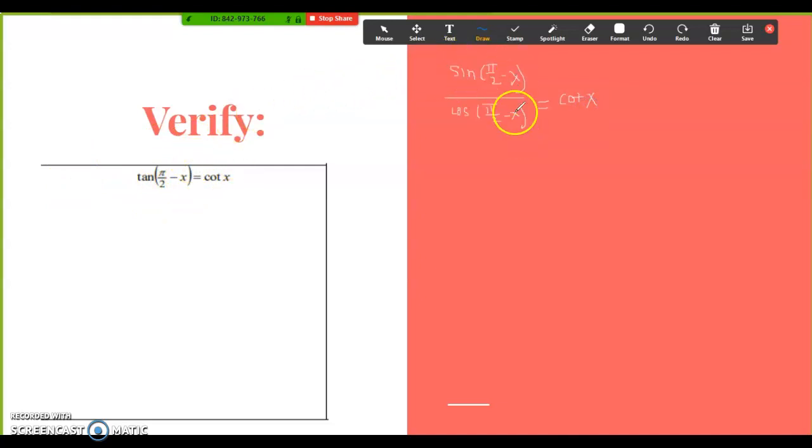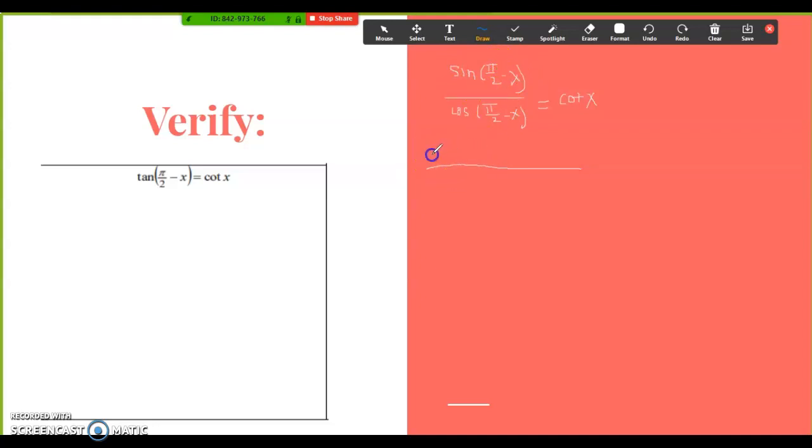Now I'm going to use the sum and difference identities for sine and for cosine, and I'll use that to verify that this is equal to cotangent, because I know that the sine of pi over 2 and the cosine of pi over 2 are defined. So let's go ahead and expand it out. In the numerator, I have the sine of pi over 2 minus x, so I'm going to use the difference identity for sine.